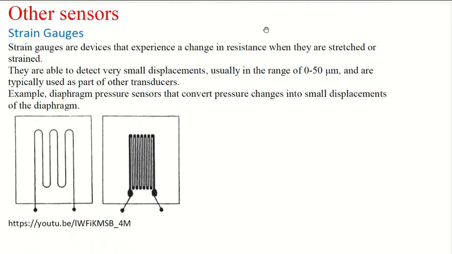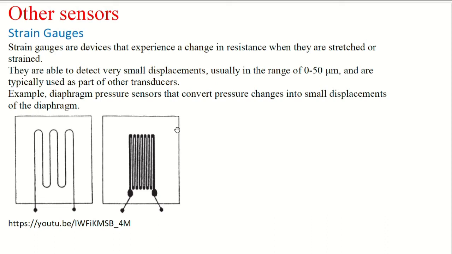Other sensors that we can find in these hardware-in-the-loop systems are strain gauges. Strain gauges are devices that experience a change in resistance when they are stretched or strained. With these small displacements, in the order of micrometers, we can sense how something is stretched, and with this you can sense, for example, a change in weight.